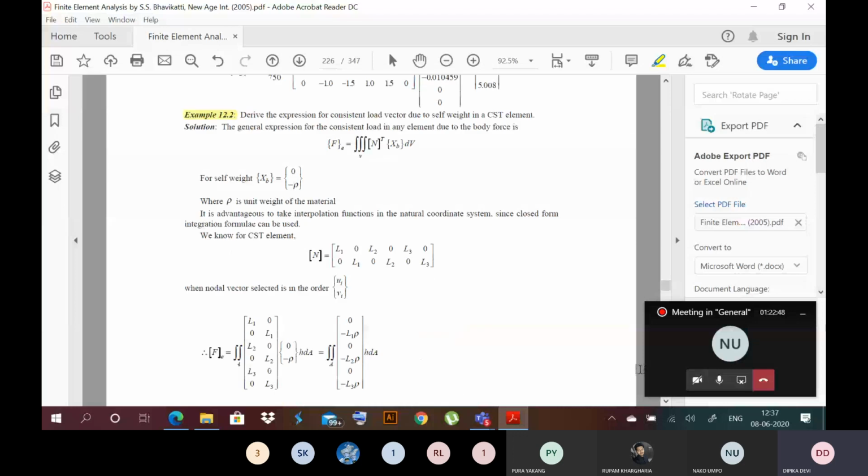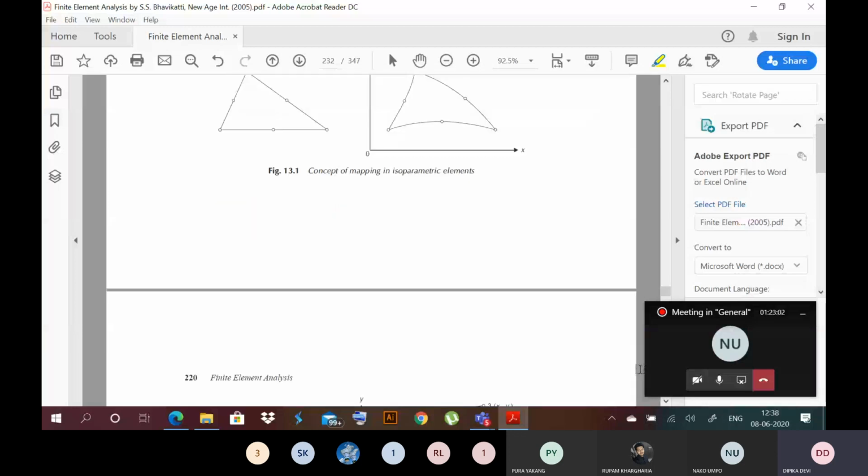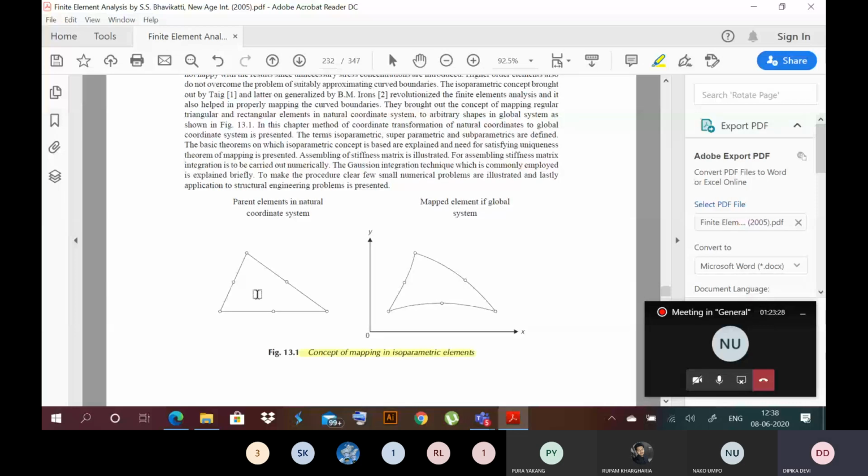Isoparametric formulation. Let us discuss a little bit on this. Let us consider a triangular element. This is my actual element in the global system. But this is the element which will be mapped in the natural coordinate system. So there must be some definite relationship between this element and this element, because this element represents exactly this element.